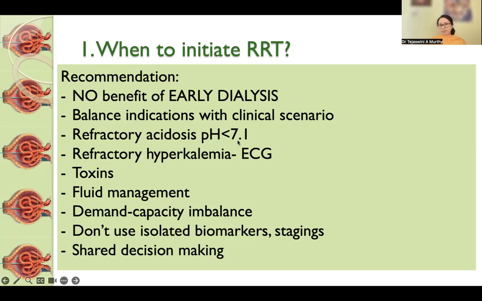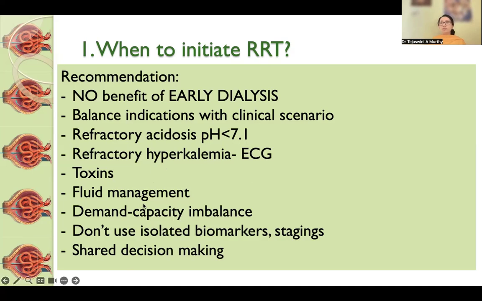So refractory acidosis for pH less than 7.1, which is not improving with fluid resuscitation, refractory hyperkalemia causing ECG changes, not improving with medical management, toxins, fluid management, severe pulmonary edema causing hypoxic respiratory failure.